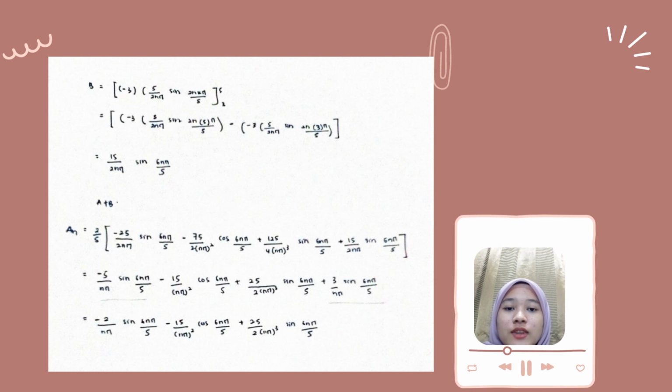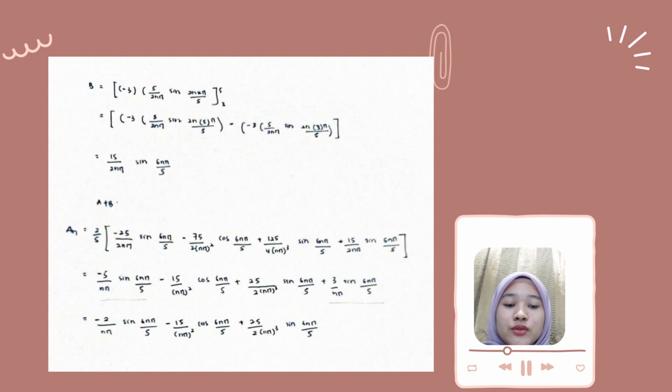Next, after we find the a for an, then we have to find the b for an. So b will be using the range from 3 to 5, and then we will get b equal to 15/2 n pi sin 6 n pi over 5.